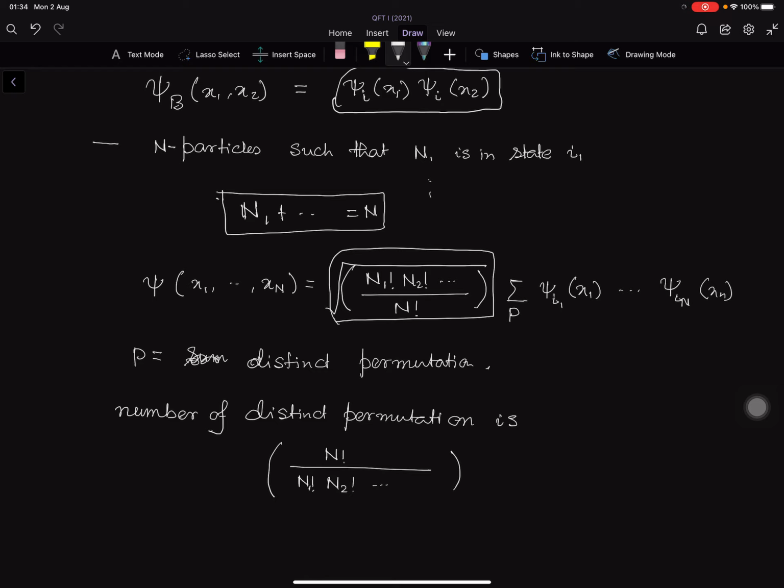So this is the wave function for n bosons, where some of these bosons are in the same state.